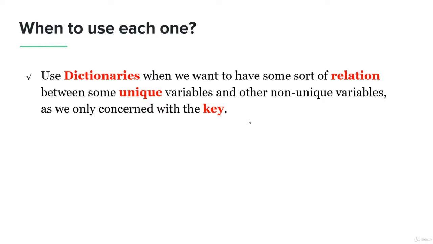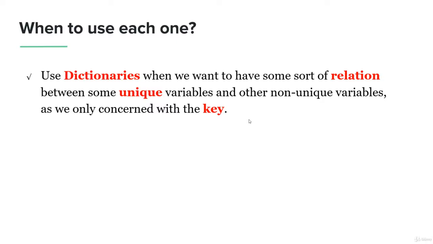But the values for each key can be duplicated or repeated, right? So this is where we got the dictionary idea. And we use them in Python for many use cases, as you will see when we go to the data science and machine learning part of the course.